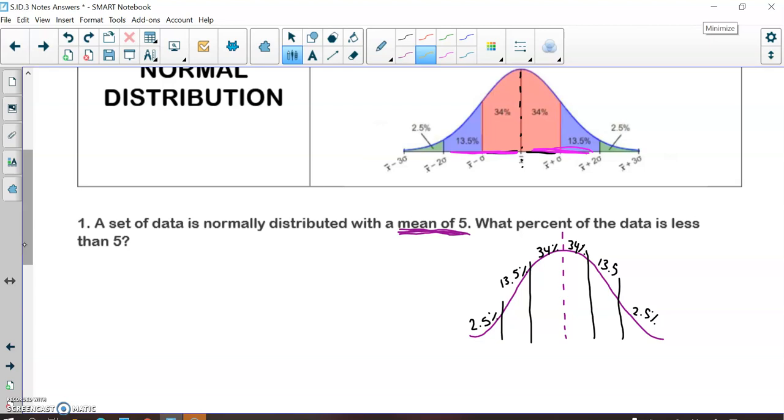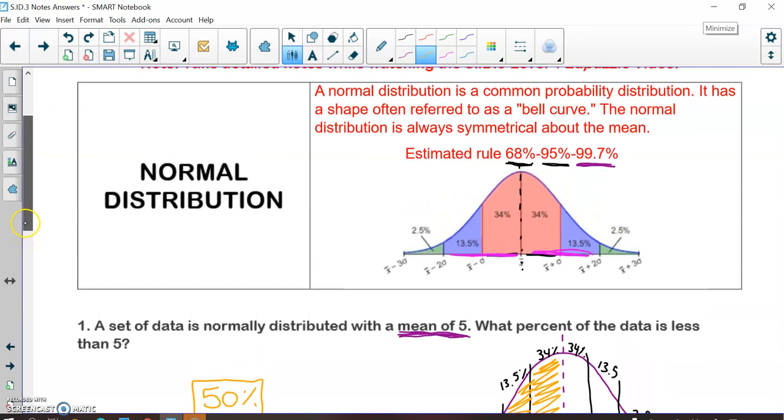If that dotted purple line is the mean of 5, then the percentage of my data that is less than 5 would be this category, which is 34%, plus this category, which is 13.5%, plus this category, which is 2.5%. So 2.5 plus 13.5 plus 34 gives me 50% of the data that would most likely fall below the mean of 5.